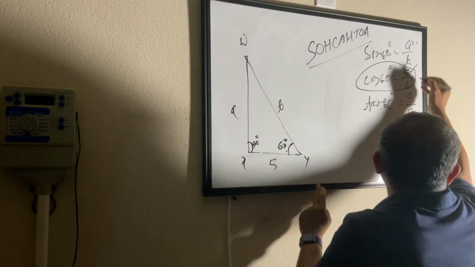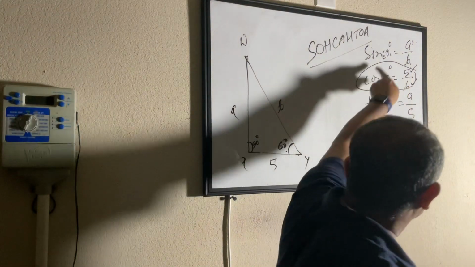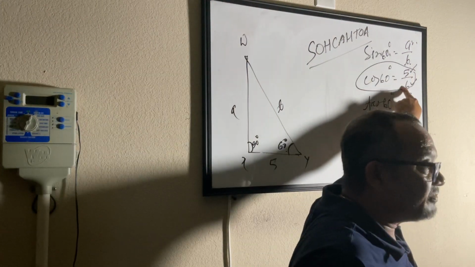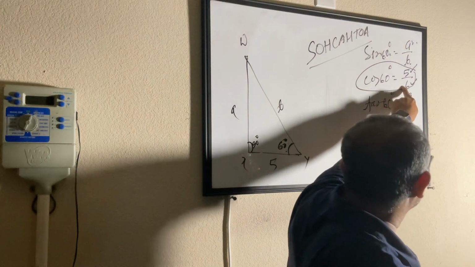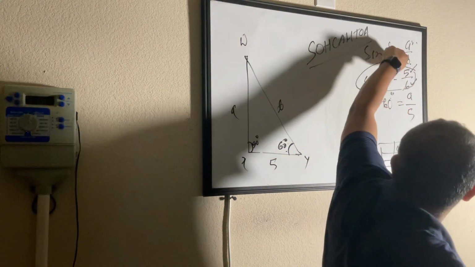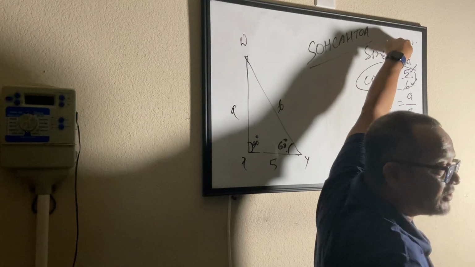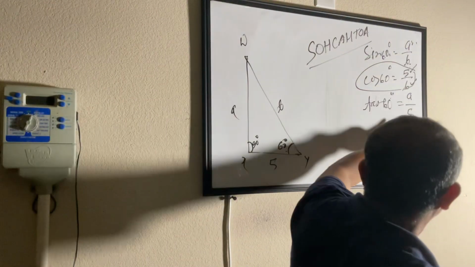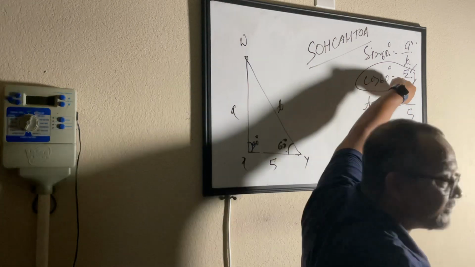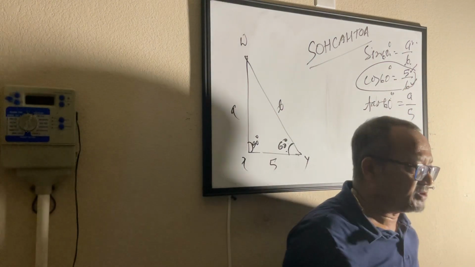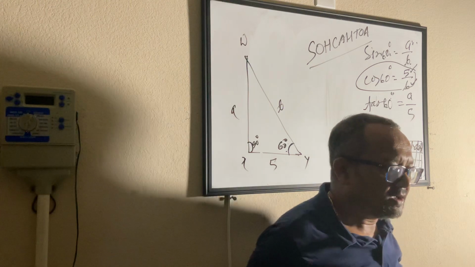I have one known and one unknown, so from this I can find out the value of B. Once I find the value of B, I can put it here and this becomes known, then I can find out the value of A also. Or I can go straight here and find out the value of A from this also. So we have multiple options. Is everybody with me?